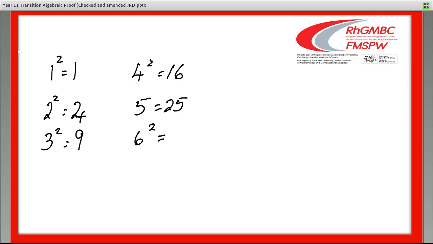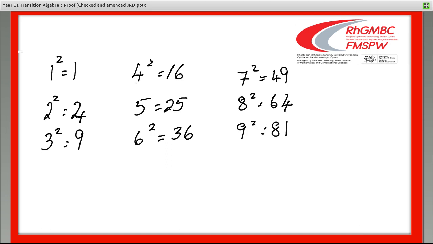So as you can see, you're working through each and every single one of these. 7 squared is 49, 8 squared is 64, and 9 squared is 81, and for the purists amongst you, 0 squared equals 0.